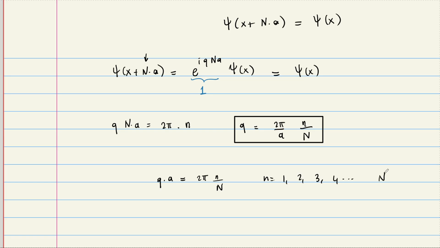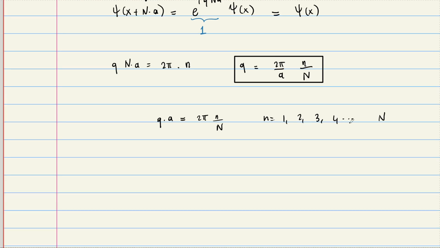But once I reach N, uppercase N, n over N is 1, I have e to the i 2 pi, and 2 pi is 1, and I come back to myself. Therefore, these indices, if you want, these are the unique roots of this e to the i form. So if you want, we can just only take these, and we can imagine q to be repeating itself once you go to N plus 1.